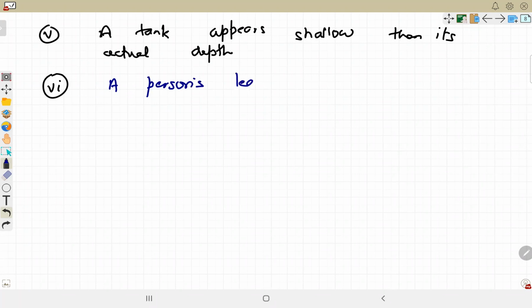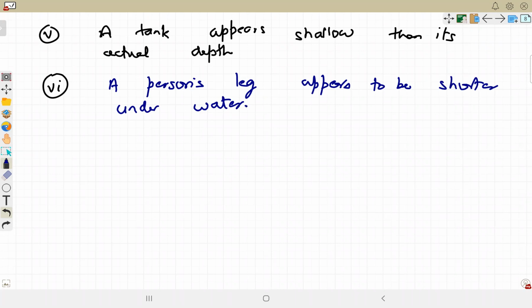A person's leg appears to be shorter. In all these cases it is because of the refraction produced at the surface. Fine. So these are the practical observations, and we did a numerical also.